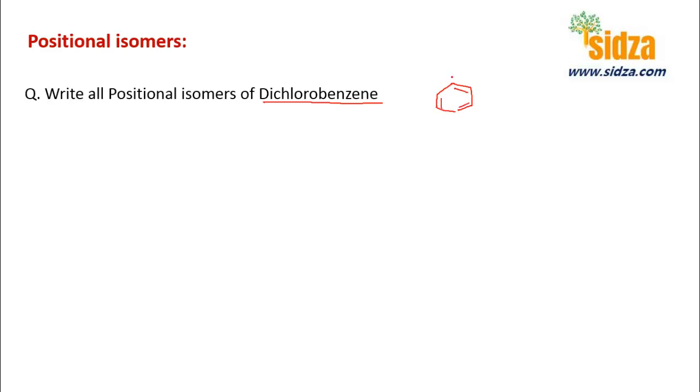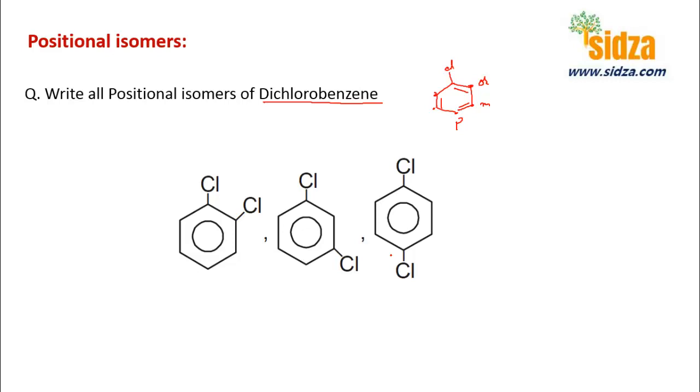You can attach a chlorine here and then another chlorine at the ortho, meta or para position. So obviously you will get 3 positional isomers of dichlorobenzene.